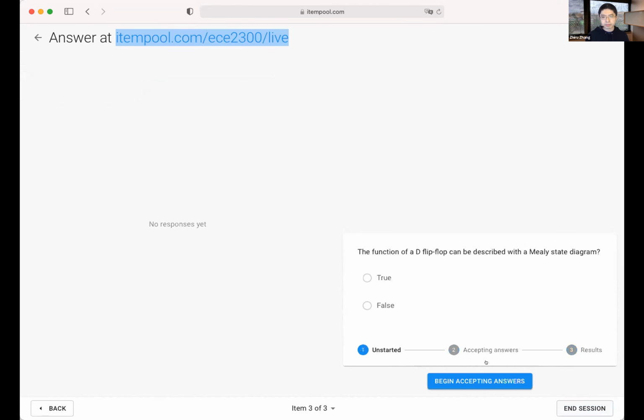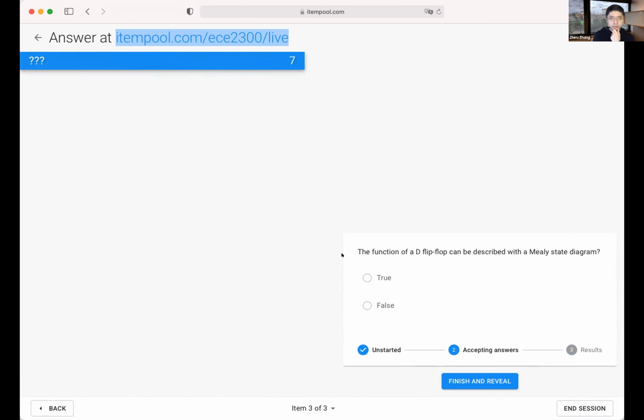Okay, last one. Hopefully this one will trigger some more discussions. The function of a DFF can be described as a Mealy state diagram. Interesting.